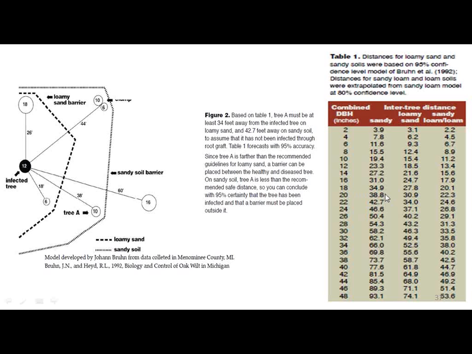In a sandy soil, those 2 10-inch trees, if they're within 39 feet approximately, there is a 95% confidence level that those 2 trees will be within root graft distance. And so you can use these models to place your root graft barriers in the soil as well.